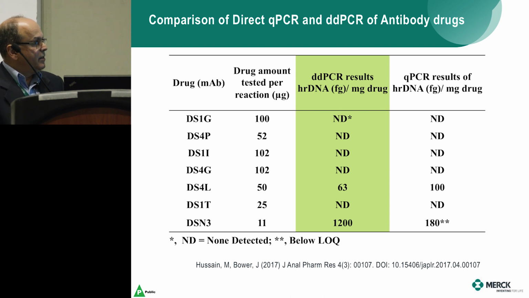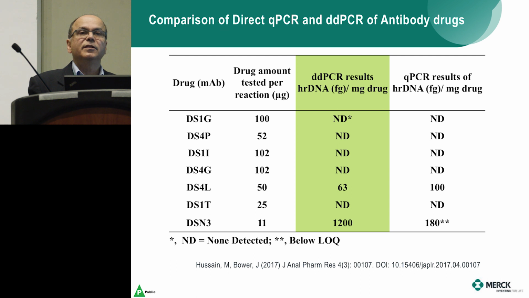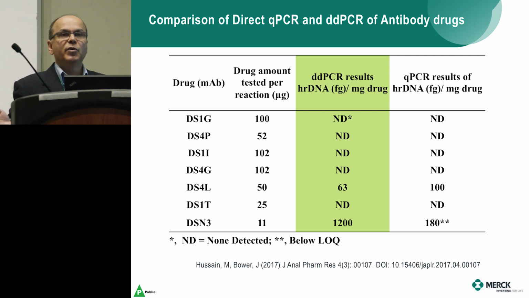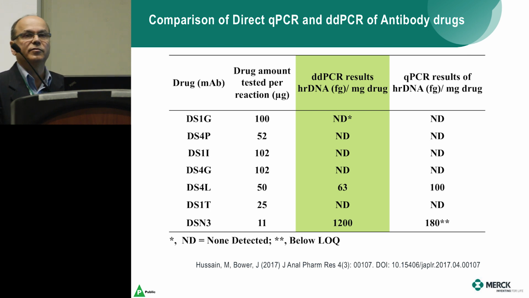And that data is based on no detection; there is a detection but below LOQ and calculated based on that. But for digital PCR, we had a number that was above LOQ, and we could calculate the exact amount of DNA.